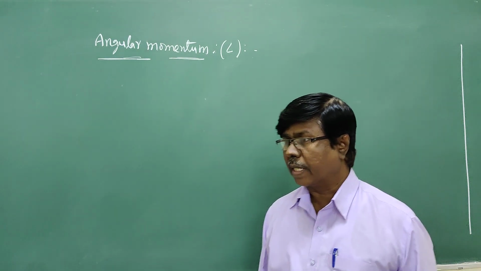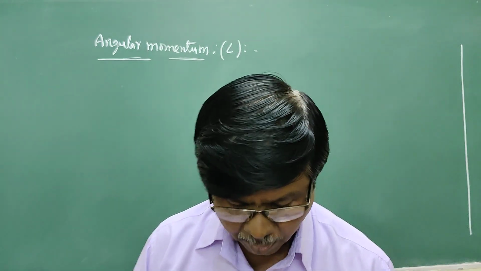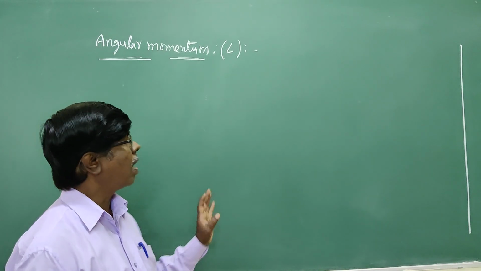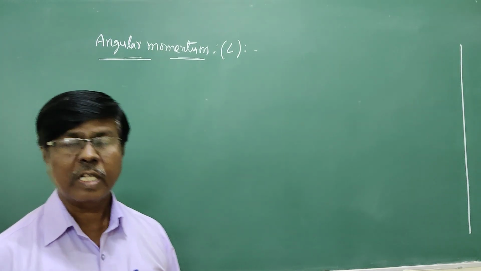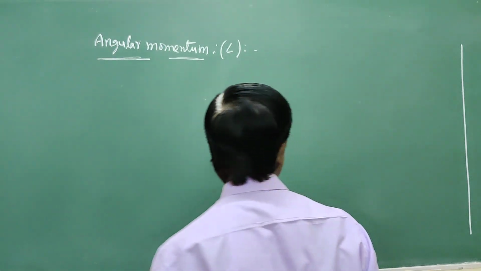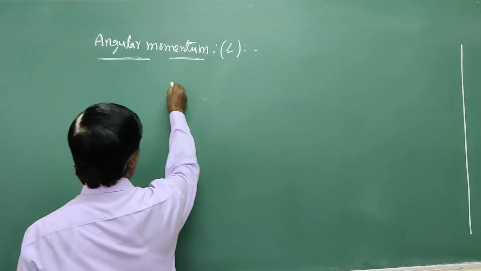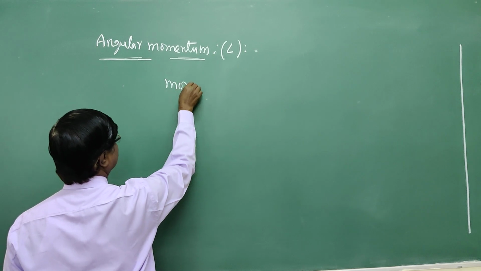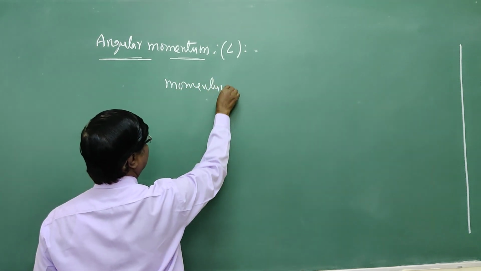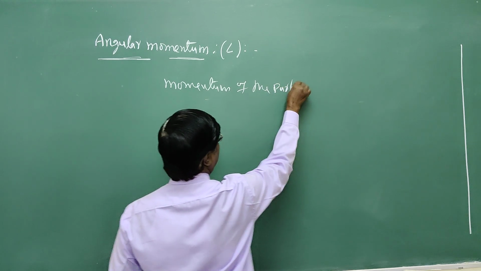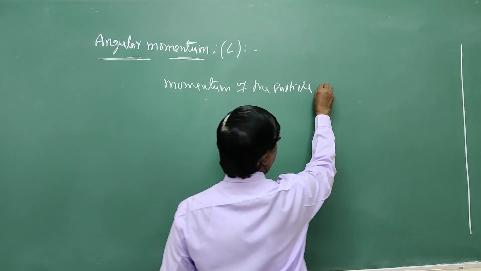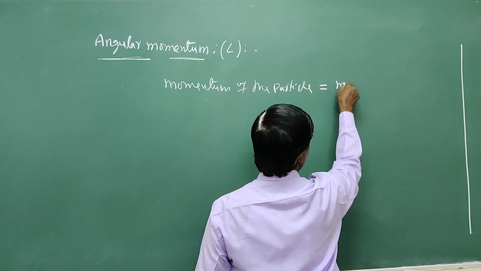So the momentum of the particle is called angular momentum. What is momentum? The momentum of the particle is mv.